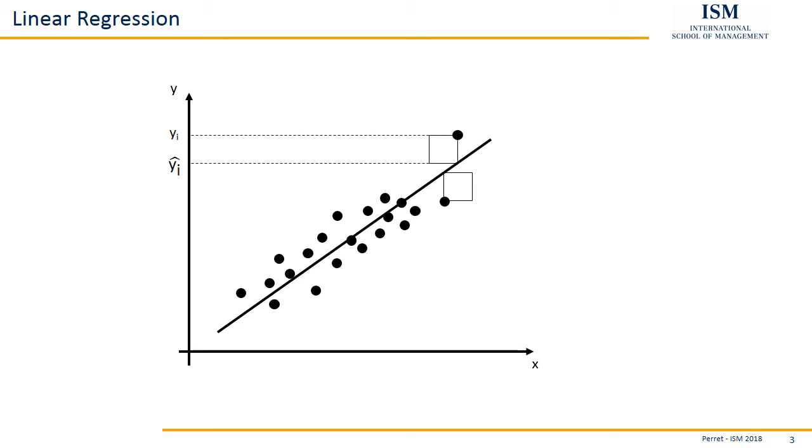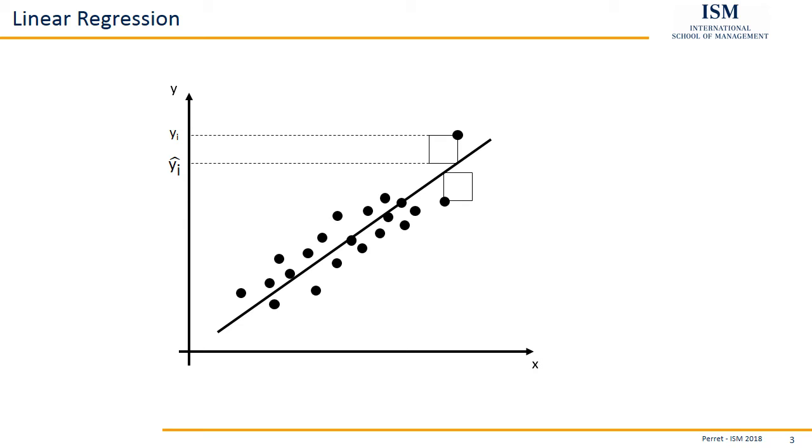We consider the y-coordinate of this data point, and we consider the corresponding y-coordinate from the line. This is the yi with a hat. The yi with a hat can be determined by inserting the xi into our regression line. Okay, then we have the distance.